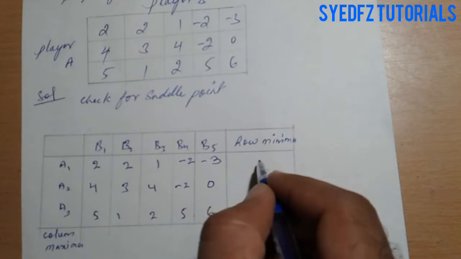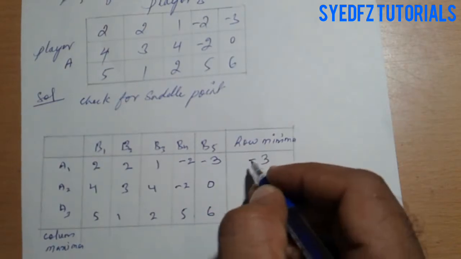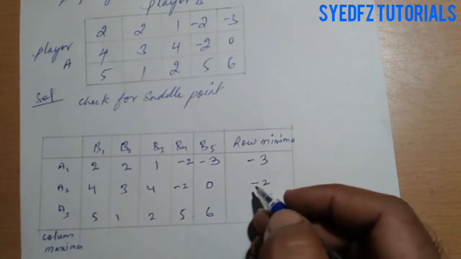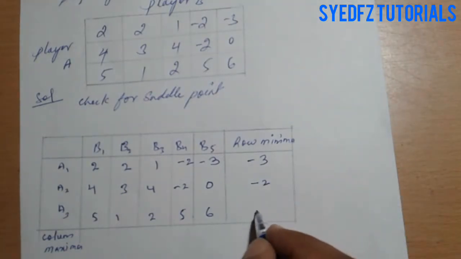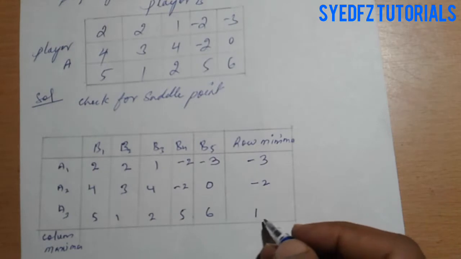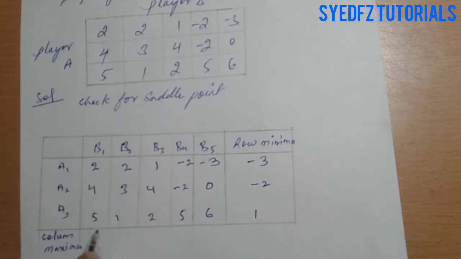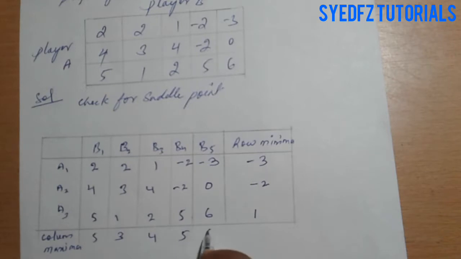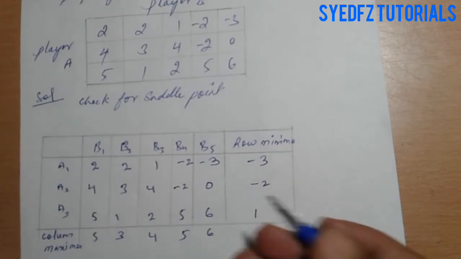Row minimum means what is the minimum of each row: minus 3, minus 2, and 1. Now the column maximum: 5, 3, 4, 5 and 6.